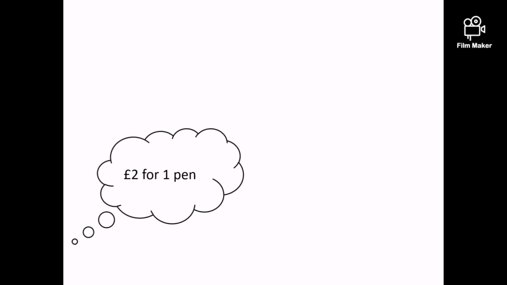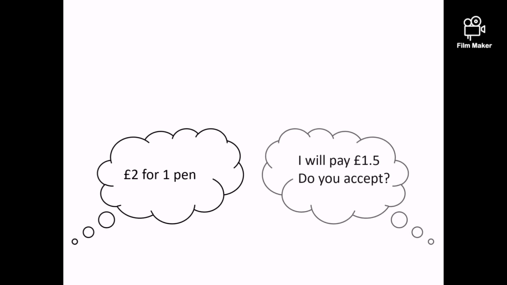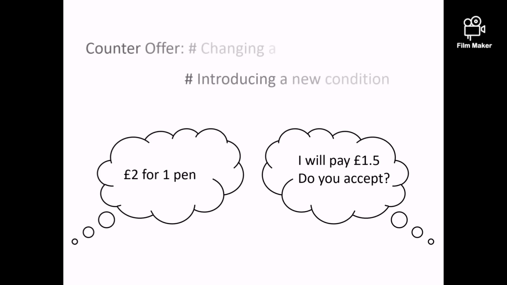But what happens when we say no, we will pay £1.5 and not two? This is a counter offer and not an acceptance. Counteroffer is when instead of accepting an offer, you try to change an existing term.